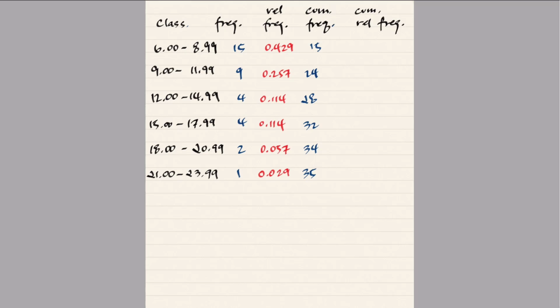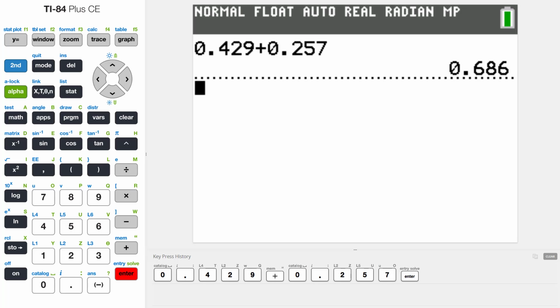Now you can do the same thing with the relative frequencies, although obviously you're going to be using a calculator for that. So for the first class, it would be 0.429. And then for the next class, you're going to add 0.257 to that, and so you get 0.686.